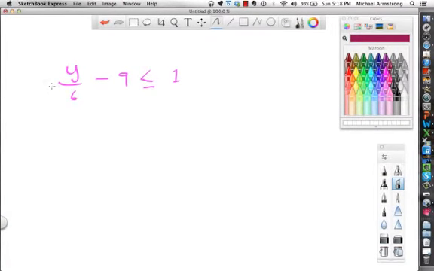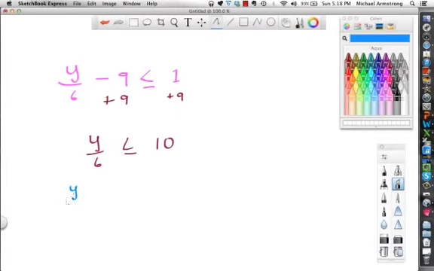What happens next is we have to try to get this 9 out of here. So we're going to add, which is the opposite of subtract 9, add 9 to both sides. Negative 9 plus 9 is 0, so that just leaves us y sixths is less than or equal to 10, because 1 plus 9 is 10. Then we have to multiply both sides by 6.